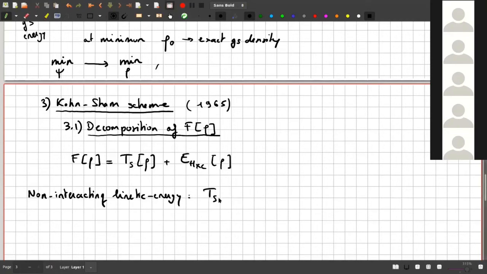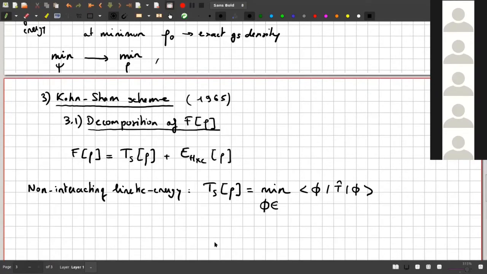And it is defined again with this constrained search approach by doing a minimization. But now it is possible to use a single determinant wave function that I will call phi, of the kinetic energy operator. And what is exactly the set of the single determinants? I will call it S, for single Slater determinants with N electrons and a fixed density rho.